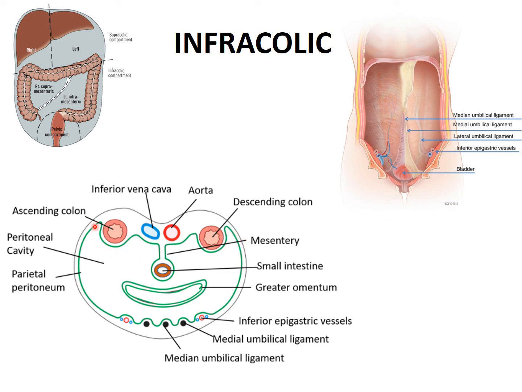These are called paracolic gutters. That is, around the colon there will be depressions which are formed by the fold of the peritoneum here. So these are called paracolic gutters. So this is how the peritoneum is running in the infracolic part if you start tracing it horizontally.